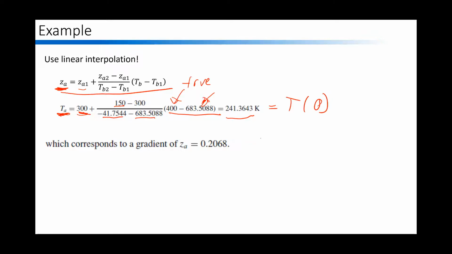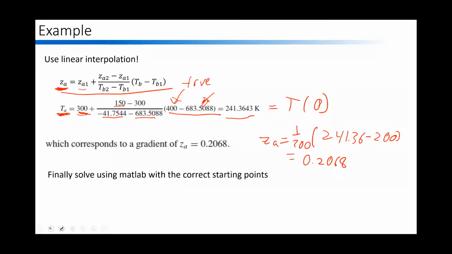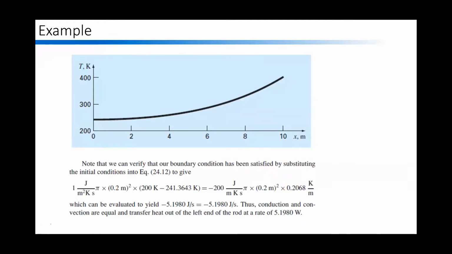Remember, this was ZA is equal to 120 times T, which in this case is 241.36 minus 200, and that's where that 0.2068 comes from. Okay, so now we can take the correct T, the correct Z, and plug it into MATLAB with my starting points.